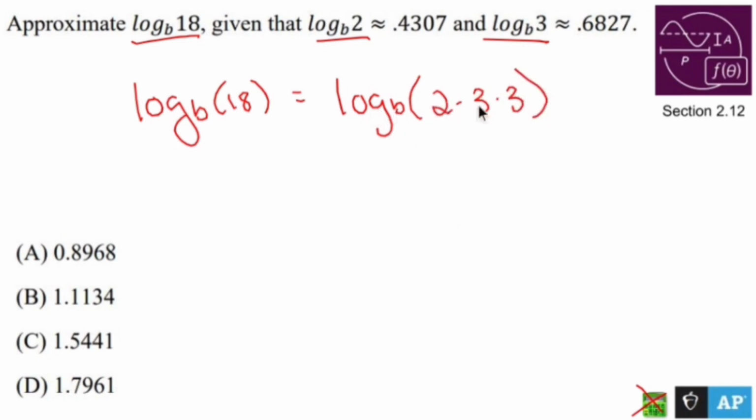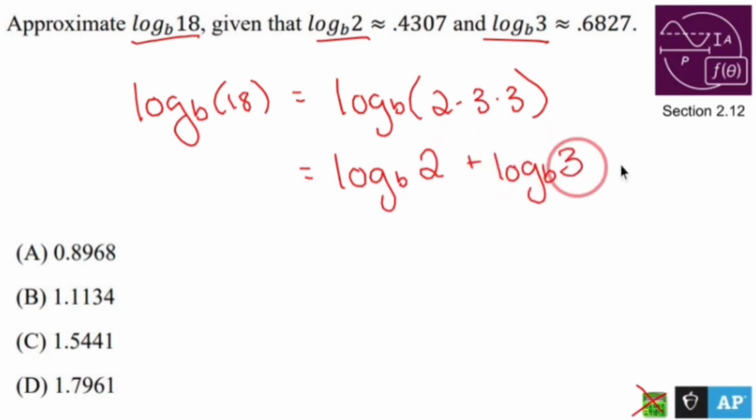Wait a minute. When I multiply stuff inside of a log, I can expand that using addition. In other words, if I were to give you something like log base b of 2 plus log base b of 3, I would get log base b of 2 times 3. So working backwards, I can write this out as log base b of 2 plus log base b of 3 plus log base b of 3.